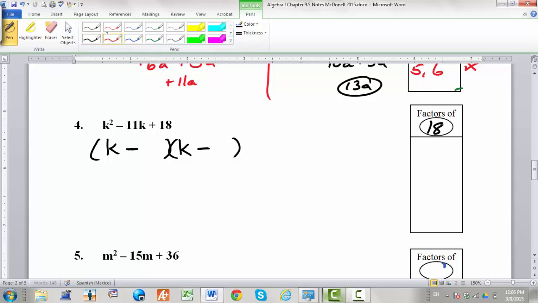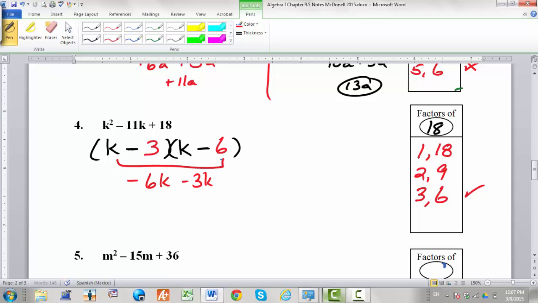What multiplies to 18? 1 and 18, 2 and 9, 3 and 6. I'm going to try the ones that are closest together like always. 3 and 6. I get negative 6k minus 3k from the outside and the inside. That's negative 9k. Unfortunately, that did not work, so we're off to the second attempt.